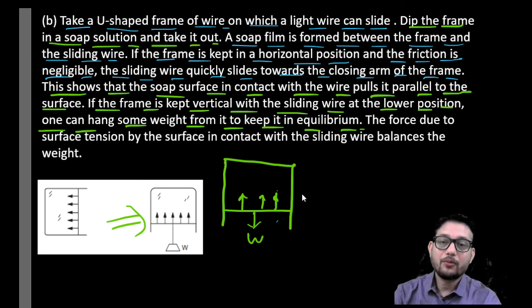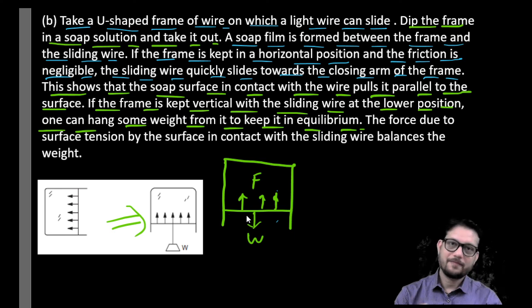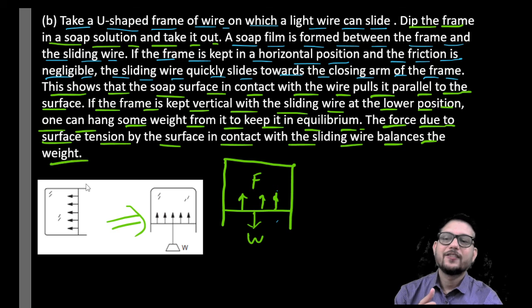So whatever amount of force is applied by the surface due to the surface tension, that must be balanced by the weight we hang over the sliding wire. And if these two forces are balanced or equal, then this is the condition of equilibrium. Now, the force due to surface tension by the surface in contact with the sliding wire balances the weight.